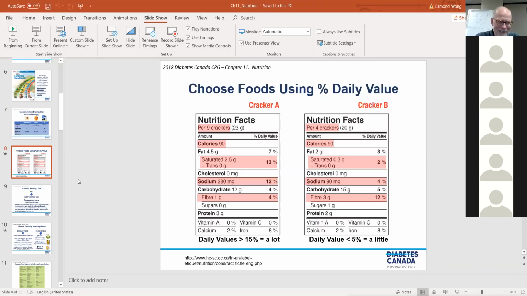So you have to double it, of course. So you have to look at the portion size, the amount of carbohydrate, which is the total carb, and the amount of fiber. The available carbohydrate will be the total carb minus the fiber.